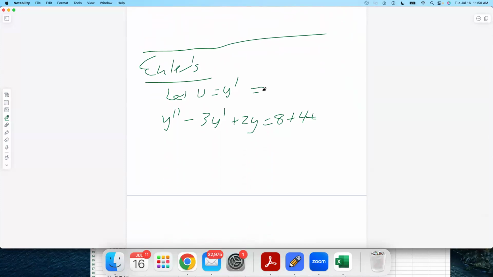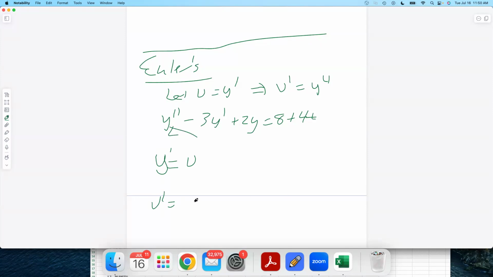V prime, this here implies that V prime is Y double prime. So if I move everything over here, I'm going to get Y prime equals V and V prime equals, this is V prime right there. That guy is V prime.